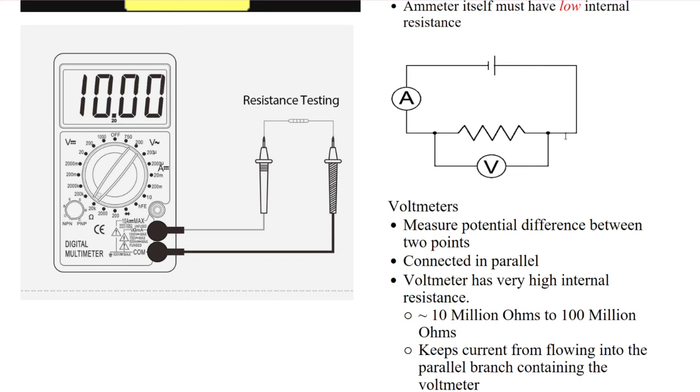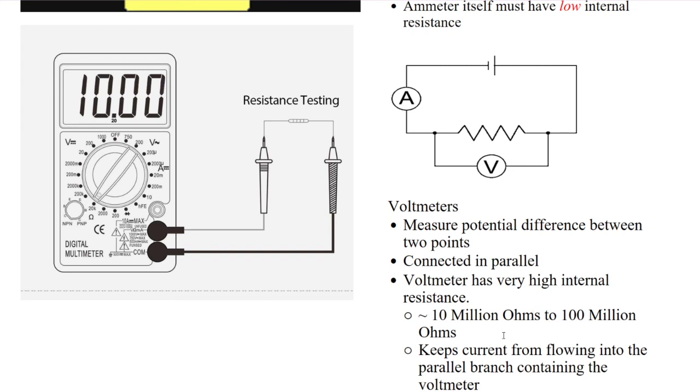The point of that is so that all the current entering this point, 99.9999% of it, will still flow through the resistor itself. So if the resistance of your voltmeter is very high, your reading of potential difference across the resistor is accurate.